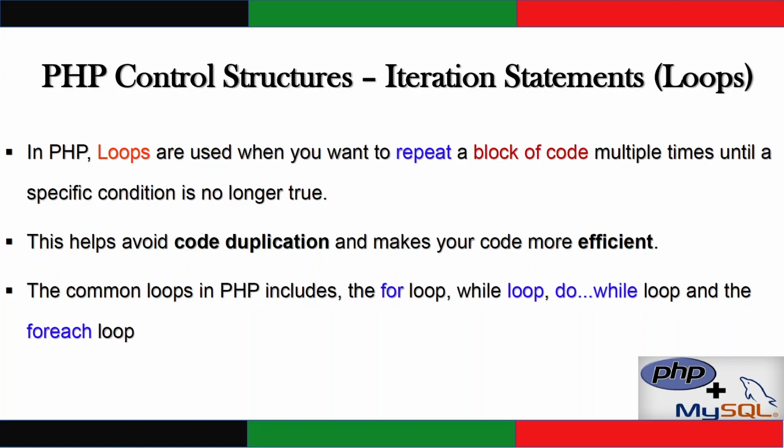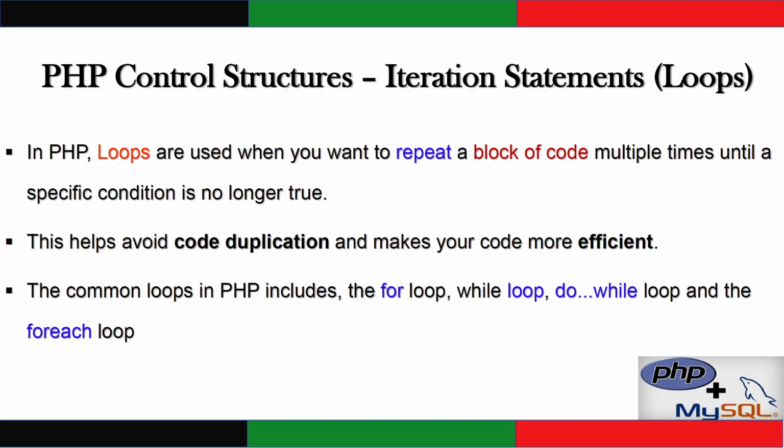So we use the iteration statements or the loops if we want to repeat those particular lines of code depending on the number of times that we want. We're going to use the loops to avoid what we call duplication. At the end of the day, you're going to realize that everything is running very fast and it's going to save you a lot of time.